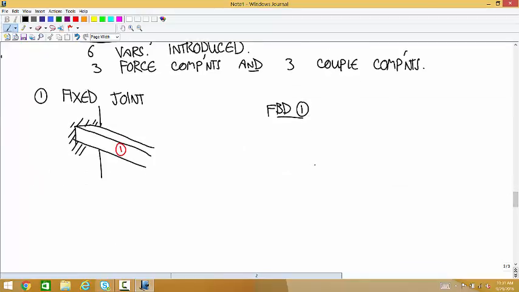So the free body diagram is made up of a force vector with all its components and a couple vector with all its components.